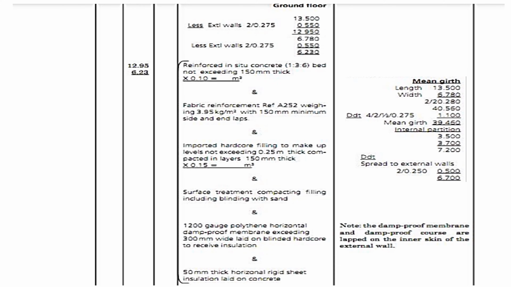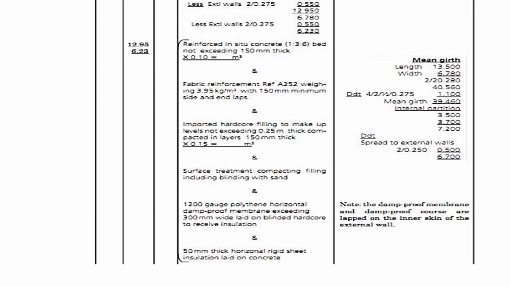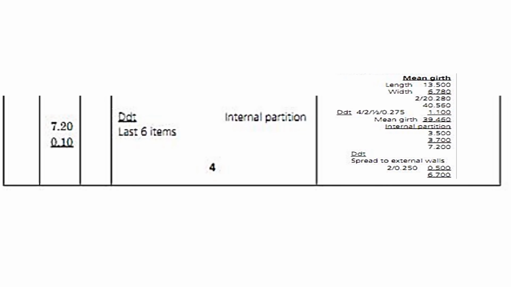We are told that the damp-proof membrane and the damp-proof course are lapped on the inner skin of the external wall. So whenever we want to measure, we will use the internal dimensions. Now that we have measured using the internal dimensions, we did not deduct where there were the internal partitions.